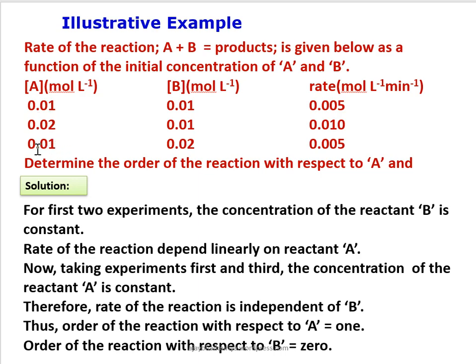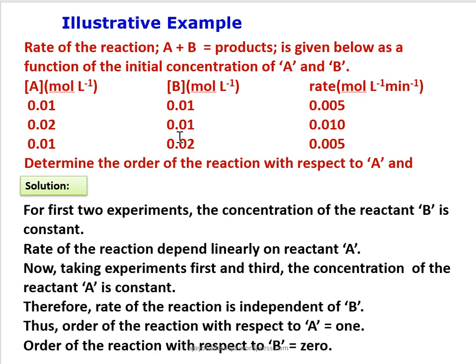So that will become cancelled and you can calculate the value for the concentration of B. So rate of reaction is independent of B. So order of reaction with respect to A will be 1 and order of reaction with respect to B will be 0. So you will calculate this value and verify your answer that it is 1 or 0.